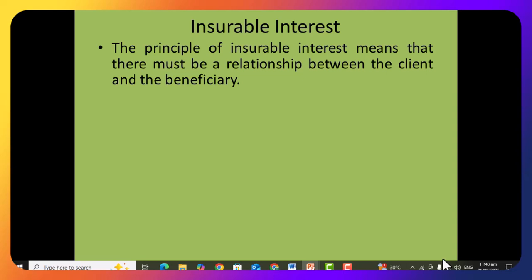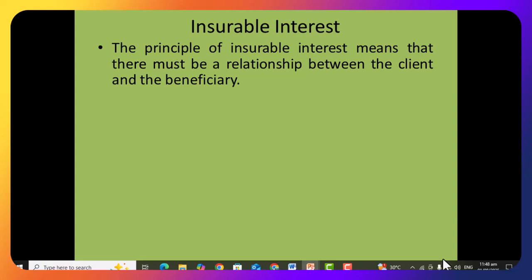That relationship is mostly with the spouse, with parents, with children, and in some cases, brothers and sisters. But this relationship doesn't exist with friends, with cousins, with other people who are not financially dependent on the client.